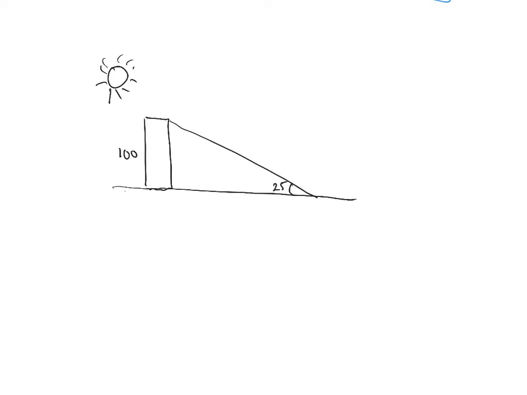Well, this is our theta right here. We got our opposite. We want to find this length here. So we have our opposite. This is our adjacent. I'm going to use tangent again. So tangent of 25 must equal 100 divided by whatever, I'm going to call that x, the length.